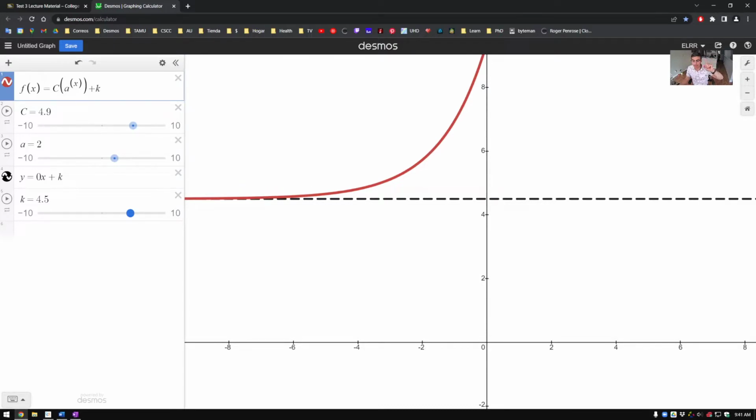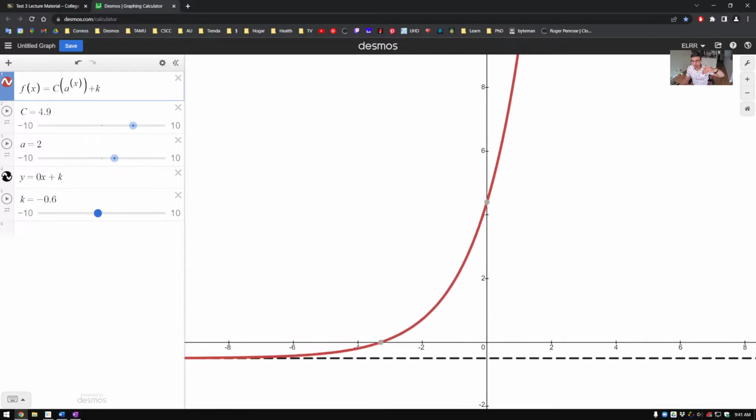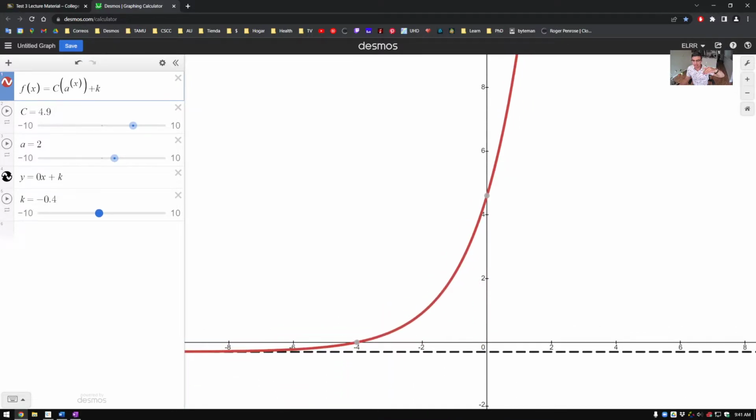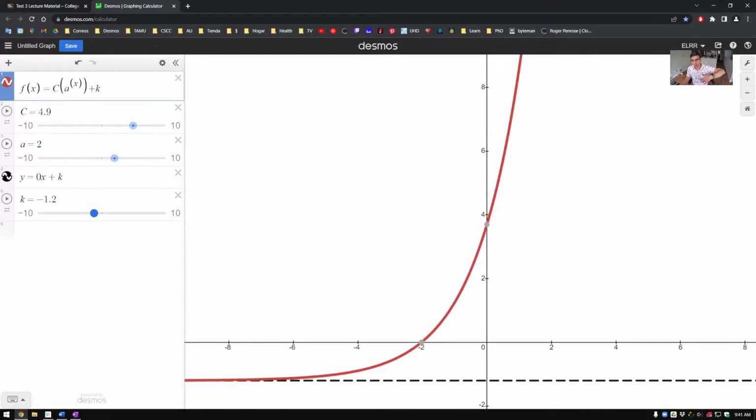And the effect of that, we have two things. The location of the asymptote changes. But now, if we shift down the exponential graph, we are going to get x-intercepts.